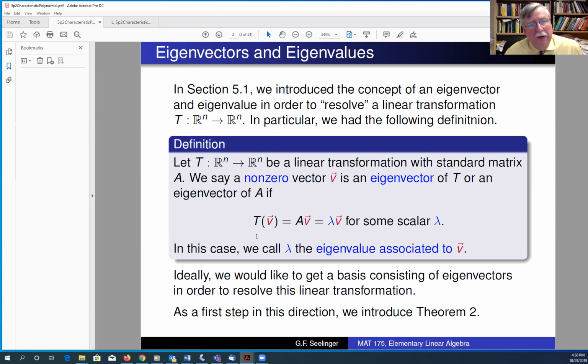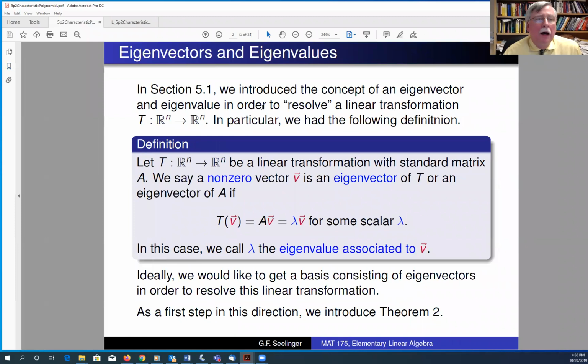In section 5.1, we introduced the concept of an eigenvector and eigenvalue in order to resolve linear transformations. Just to remind you of the definition, whether we're dealing with a linear transformation from Rn to Rn, or a square matrix A, we say a non-zero vector is an eigenvector of T, or an eigenvector of the matrix A, if when I plug V into T, or I multiply V by A, I just get a scalar multiple.